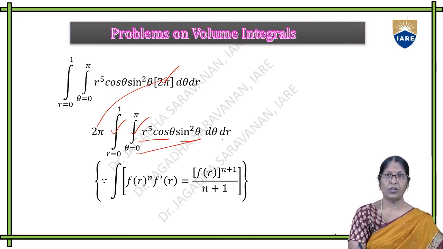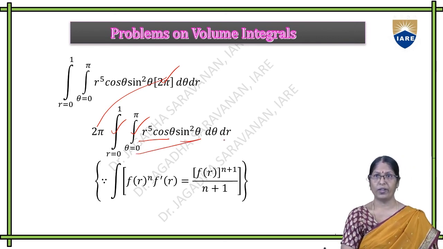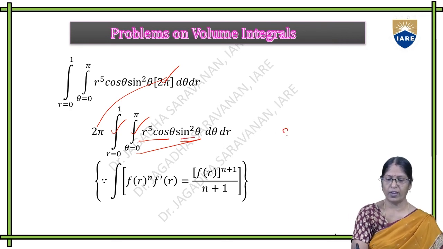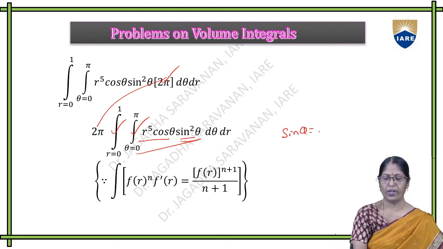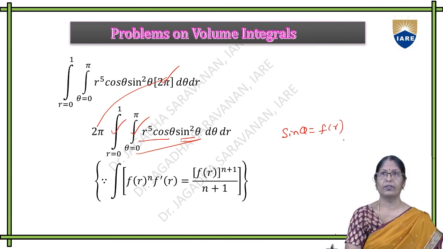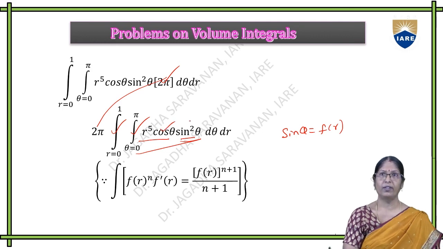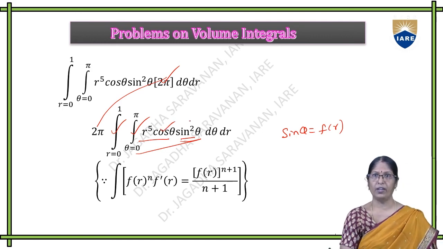To do this integration is very difficult, so we are going to apply a formula. Here this sin theta we take as f of r, then f dash of r should be there. Yes, it is there, cos theta.